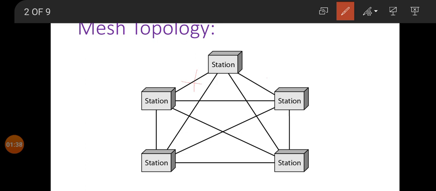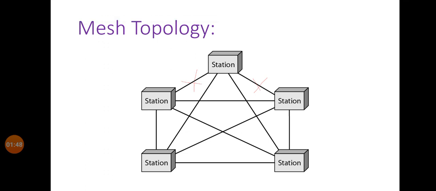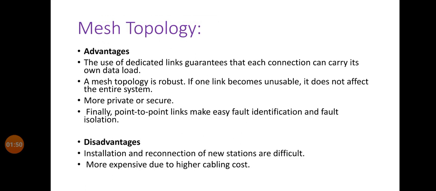If anything happens to this particular link or connection, then only that link gets a fault. Other links are still working. Then the third advantage is that mesh topology, compared to other topologies, is more private and secure.